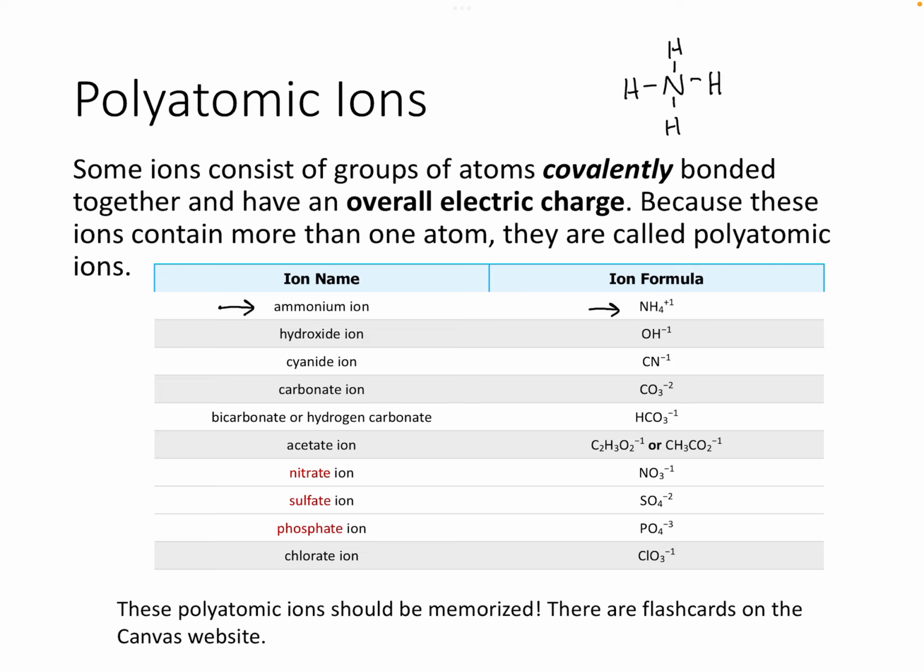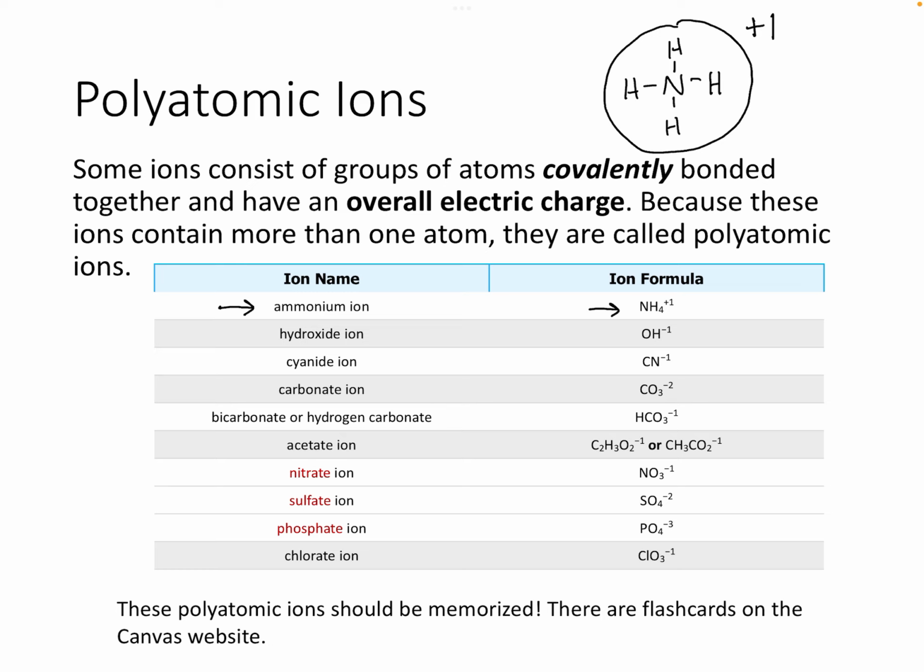But nitrogen is surrounded by 4 hydrogens, and then this entire thing has a +1 charge. So this would be a polyatomic ion because it has a charge and it contains multiple atoms.